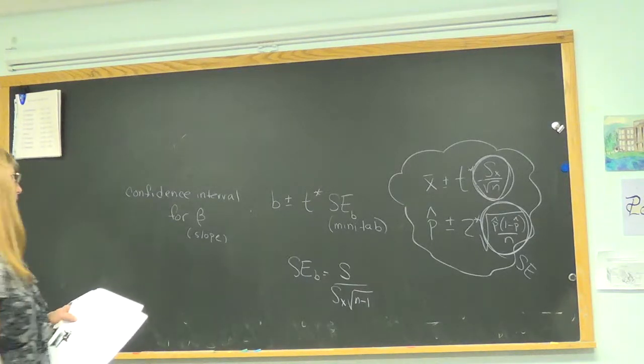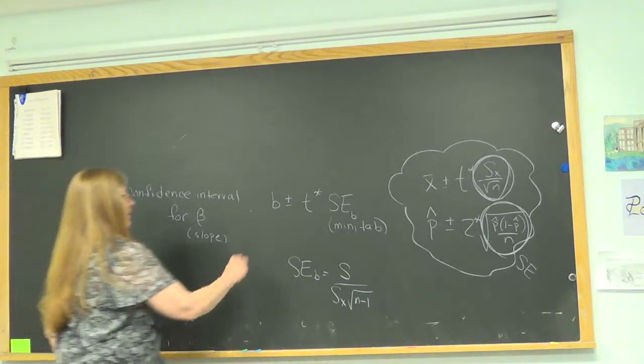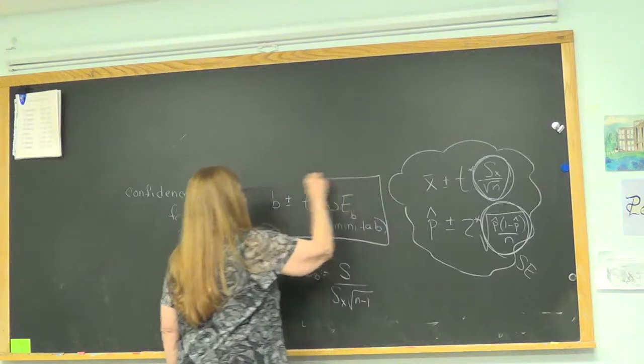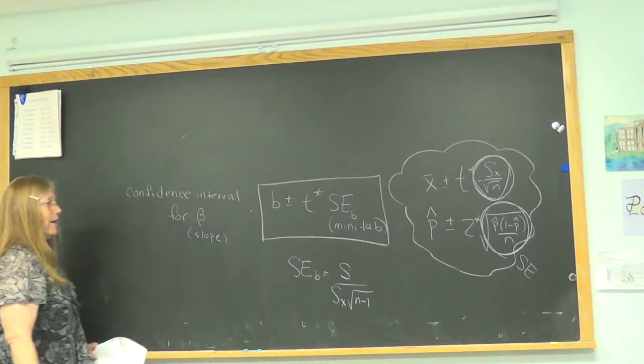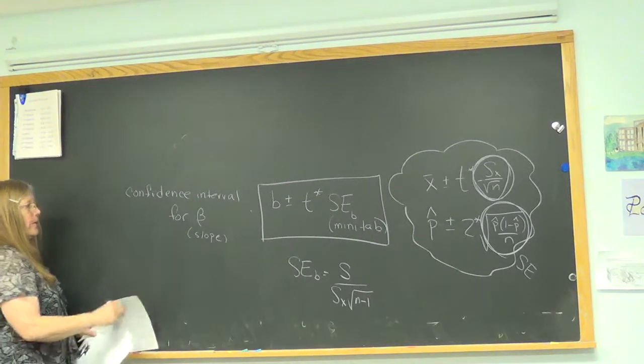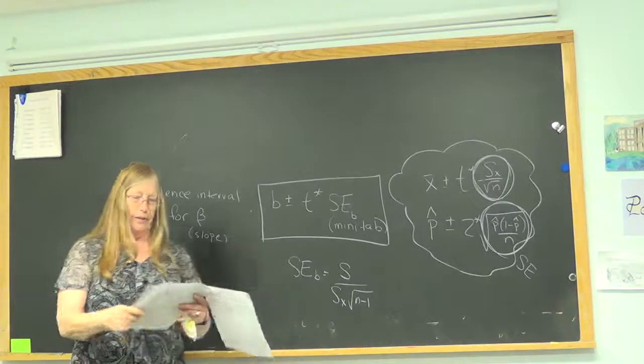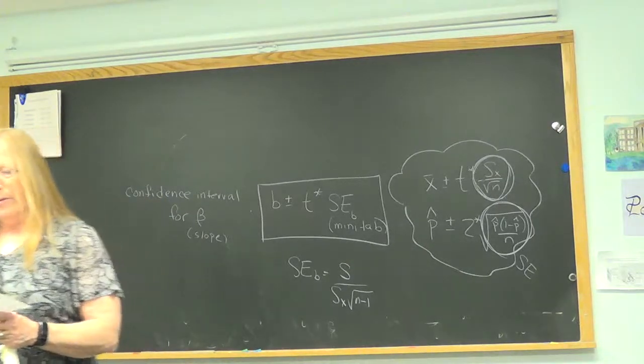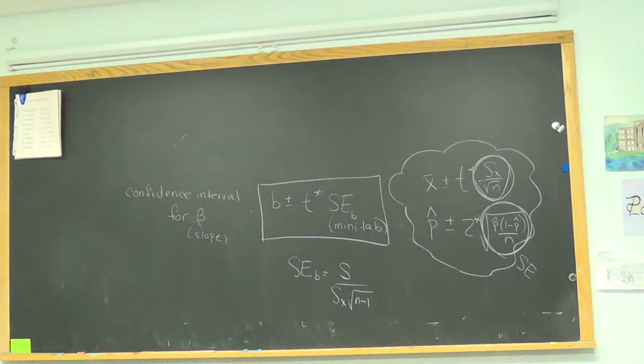So, for homework, give this a try, even though we haven't done one. Go as far as you can go, and try to find a confidence interval that they asked for on the helicopter experiment. 95%? Yeah, 95%.